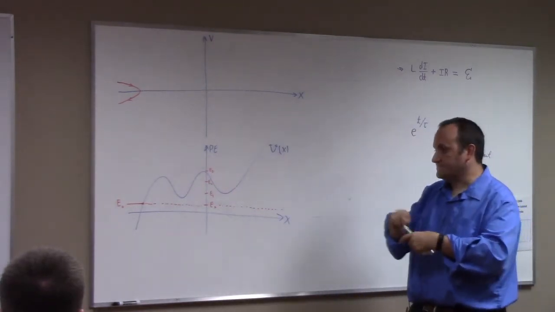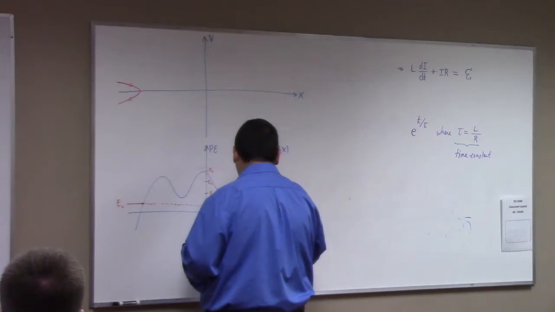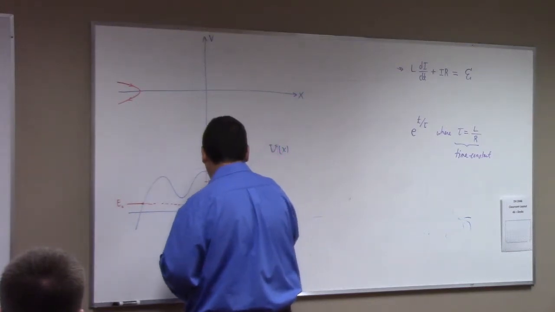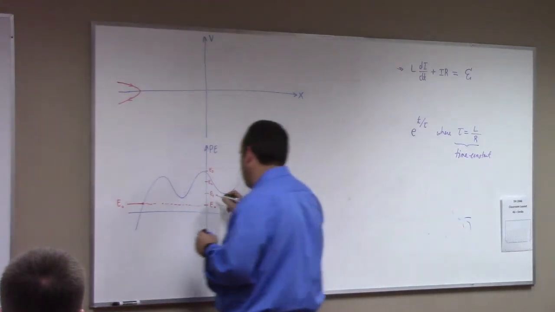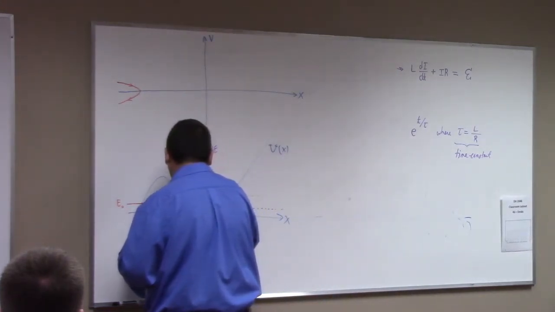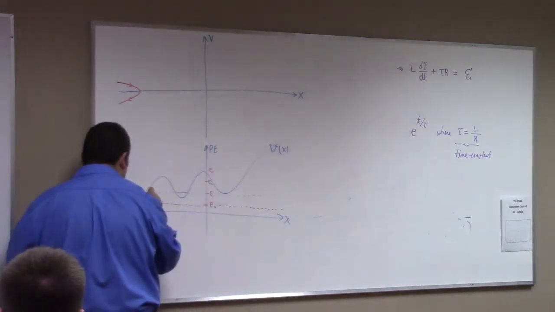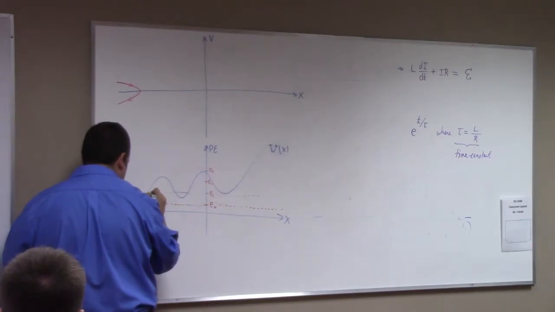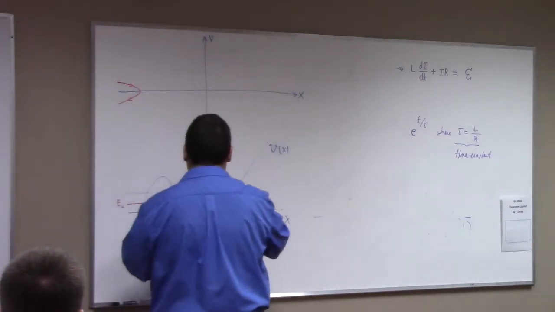For E1, forbidden, forbidden, forbidden. It's debatable, depending on how you interpreted my graph, okay? But forbidden, forbidden, forbidden, it is allowed. Forbidden, forbidden, forbidden, forbidden, it is allowed. Okay, so here, it depends on where you start.